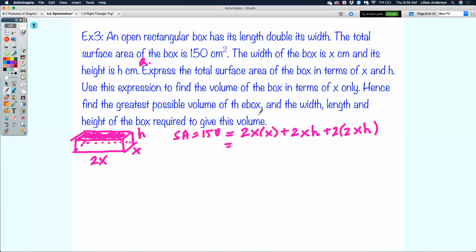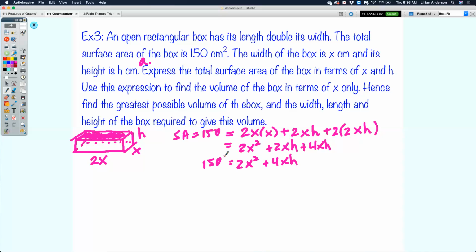So when I multiply and combine some like terms here, this is going to give me 2x squared plus 2xh plus 4xh. So then I can combine, and this will end up being 2x squared plus 4xh equals 150.